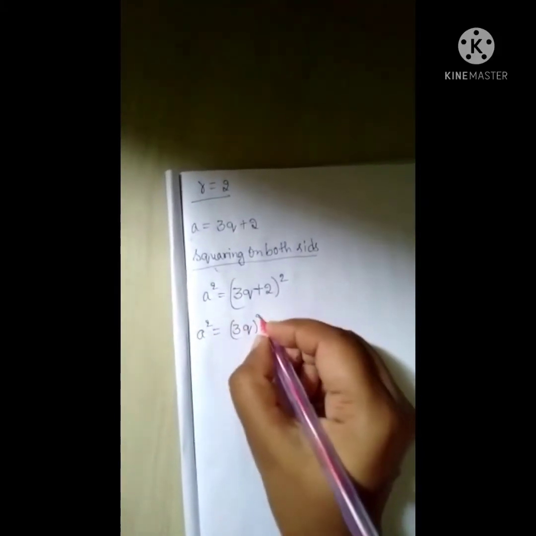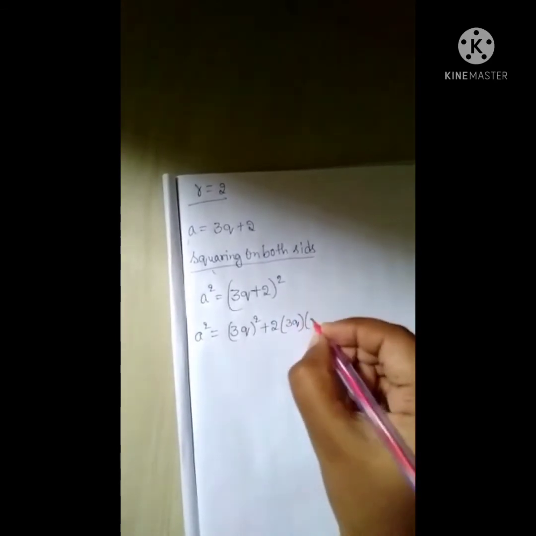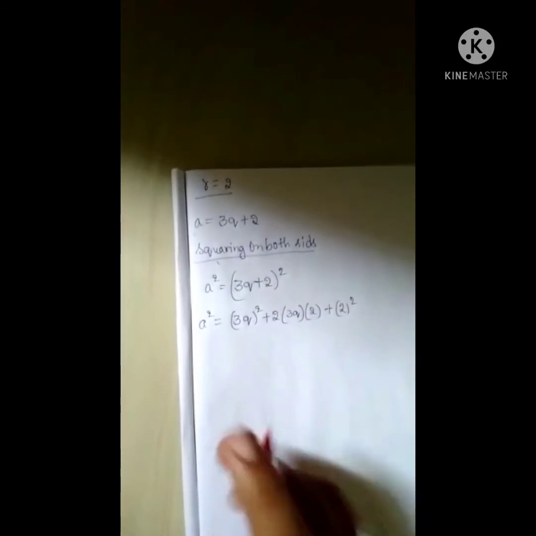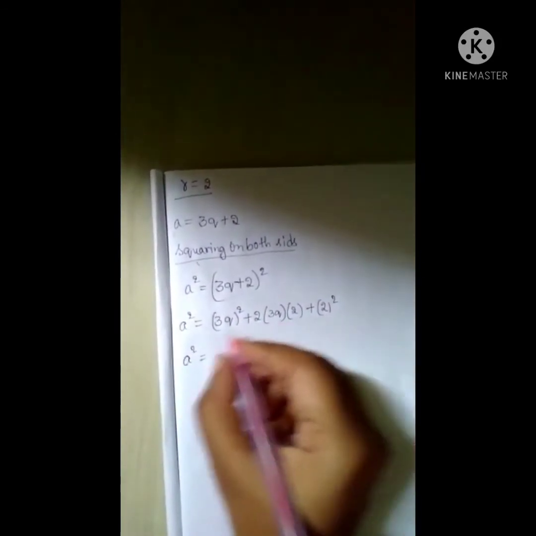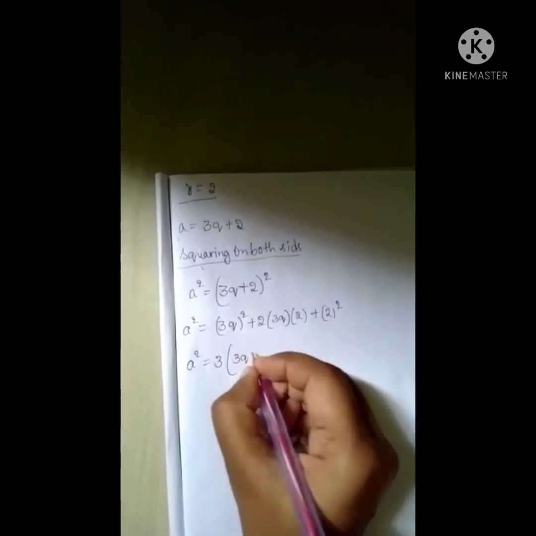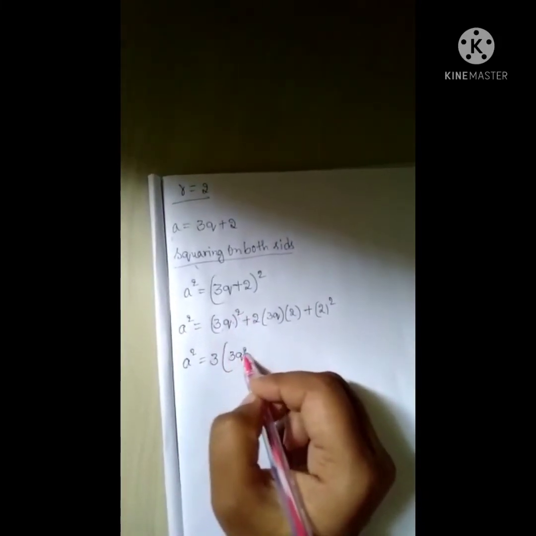3q whole square plus 2ab plus b square. Okay. Now see here, take 3 as common in all. Here 3 if we take common it becomes 3q square. Here it is 3q whole square but here it is 3q square.